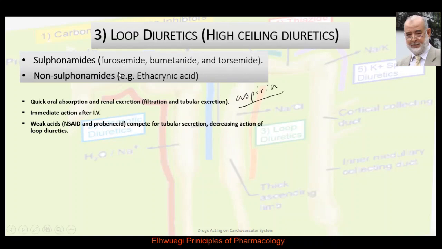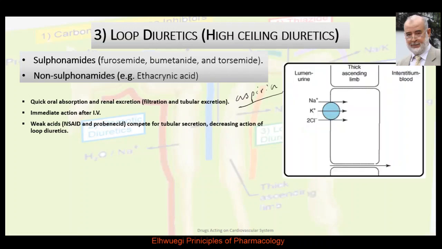Why? Because it will prevent their tubular secretion, because they have to be secreted first to produce an action. So we expect that these drugs will produce drug-drug interaction with non-steroidal anti-inflammatory drugs like aspirin and with uric acid.